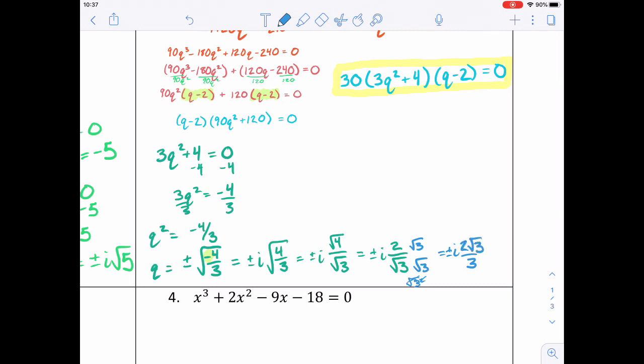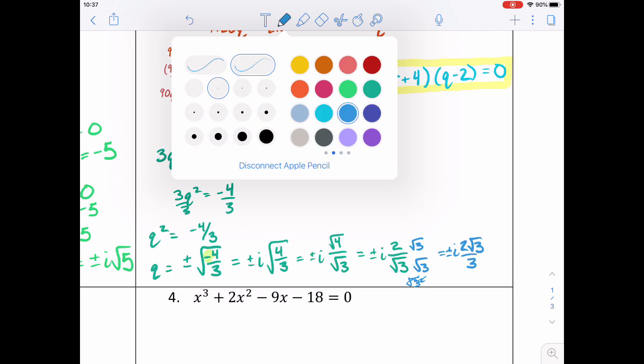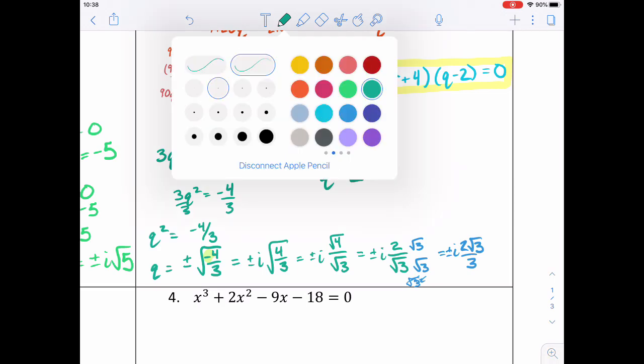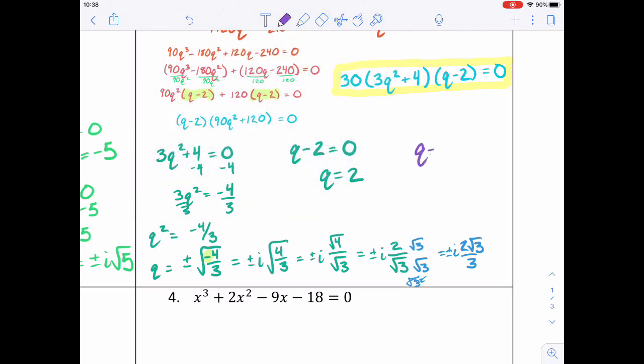So it's a little bit complicated and a little long, but the more you practice it, the easier it's going to get. Then we just have to solve our other factor, which is our simple linear factor, which is q minus 2 equals 0, and we just get q equals 2. So our solutions are q equals 2 and plus or minus i 2 root 3 over 3.